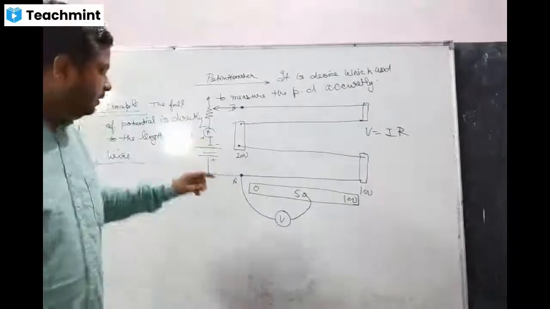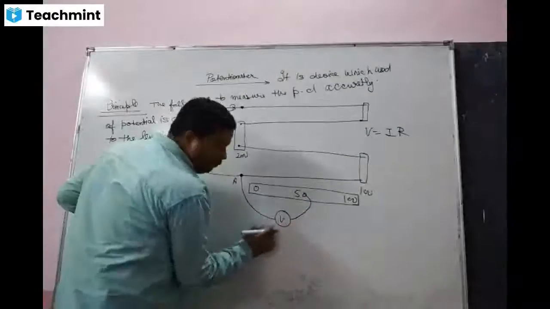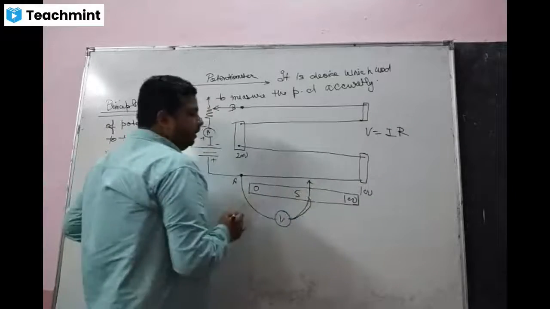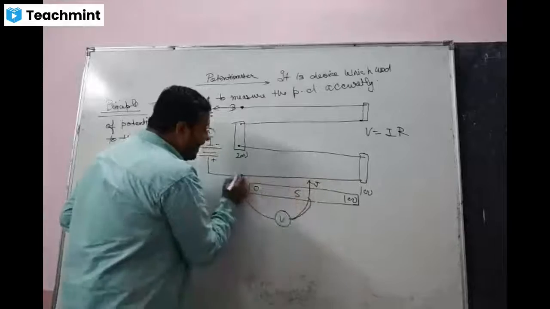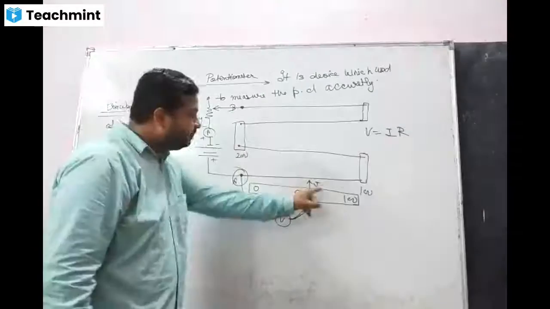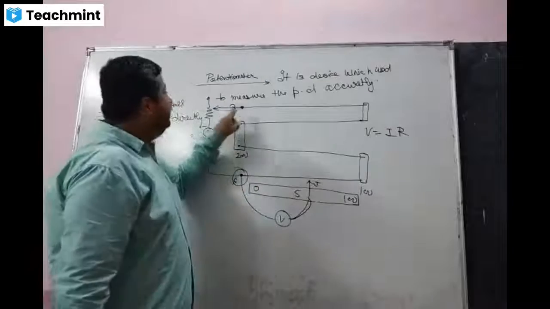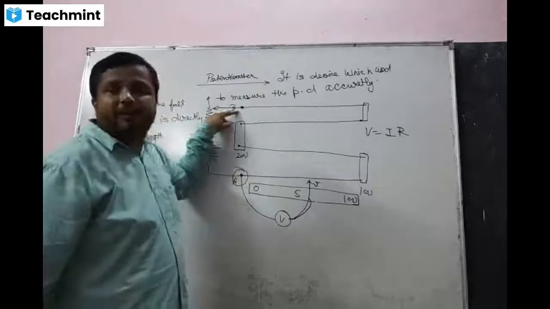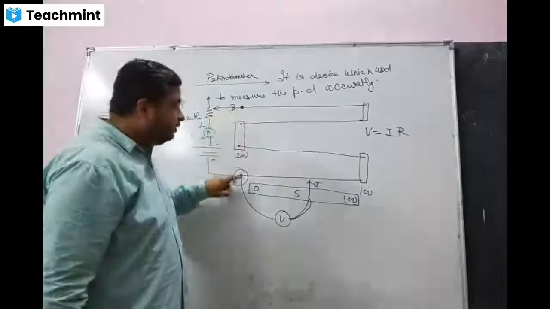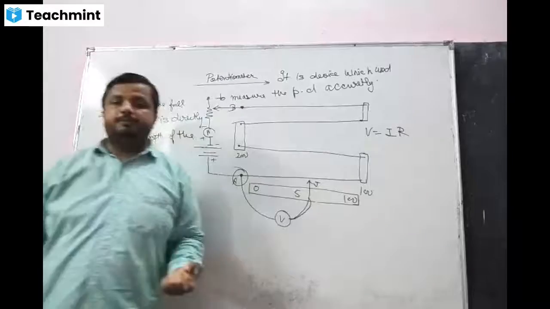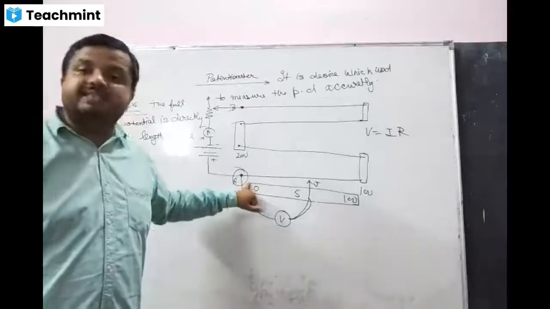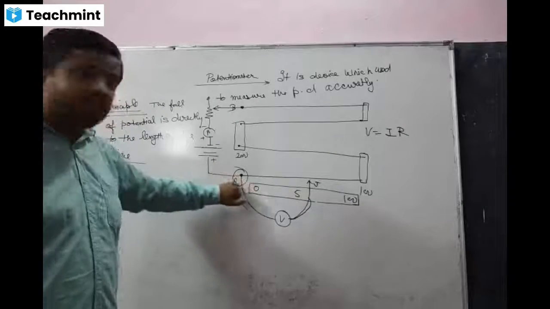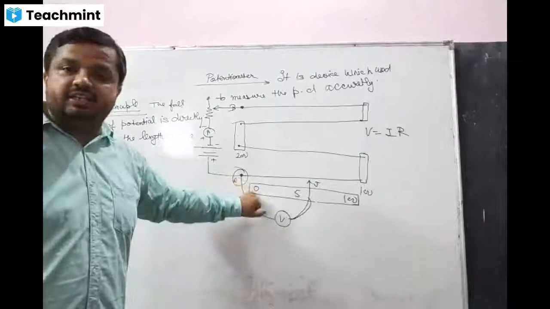Now this is the voltmeter. We connect the jockey. Firstly the jockey is placed at point A and secondly at point B. We note that on the voltmeter at point A, the maximum potential is given. Why? Because the battery's positive potential is connected here.